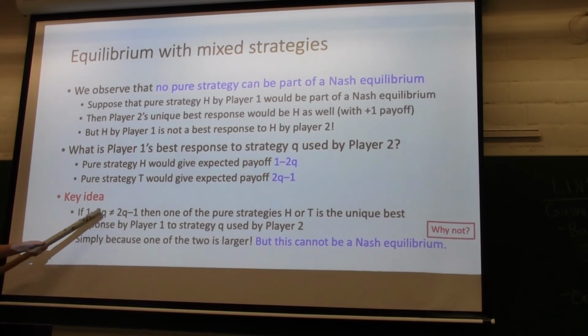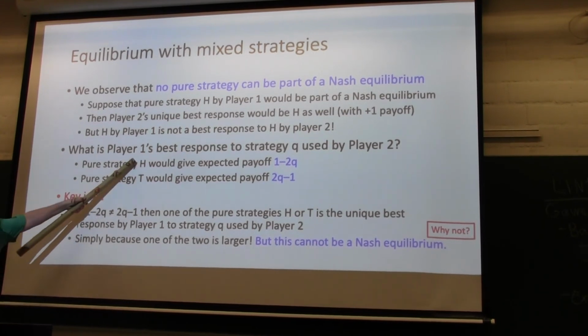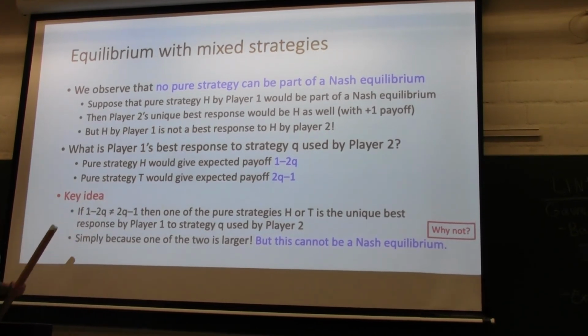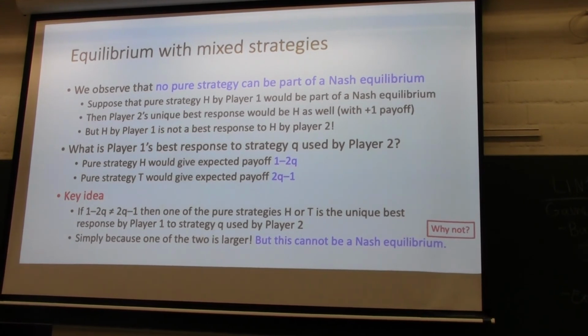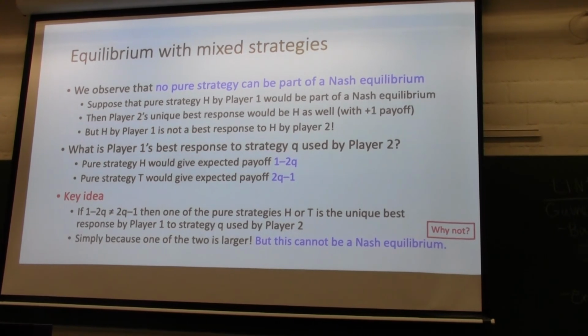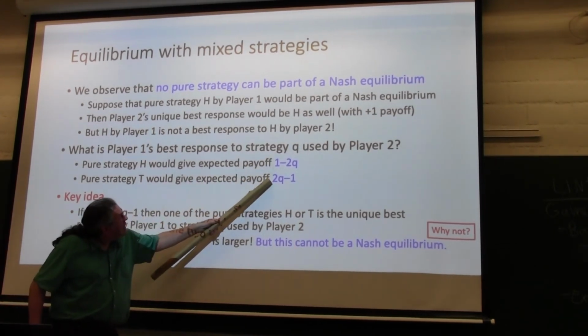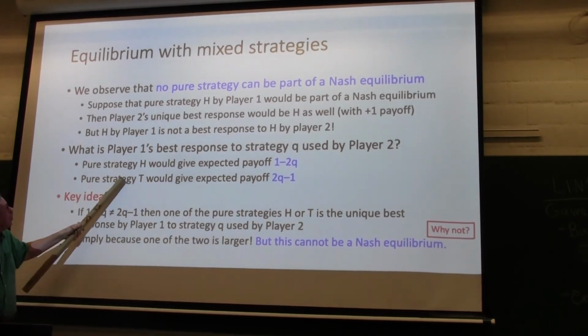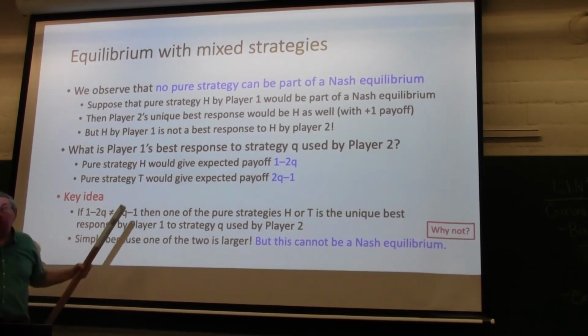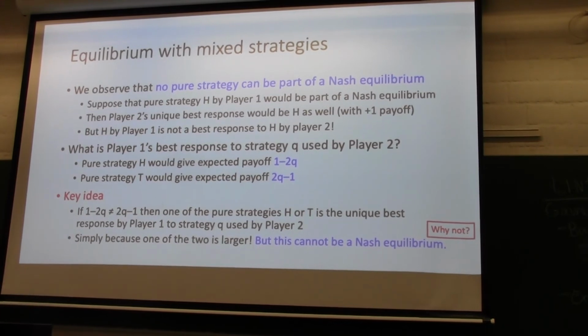If these two numbers are different, that means one of these two actually gives a higher expected payoff, and it would be the best response. If one of these two numbers is bigger than the other, then the best response of player 1 would be that one, because it would give the higher payoff.